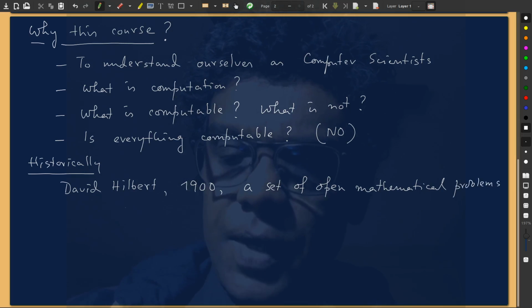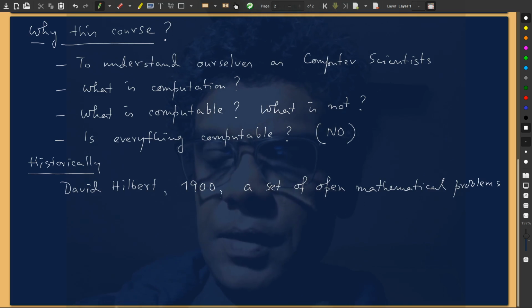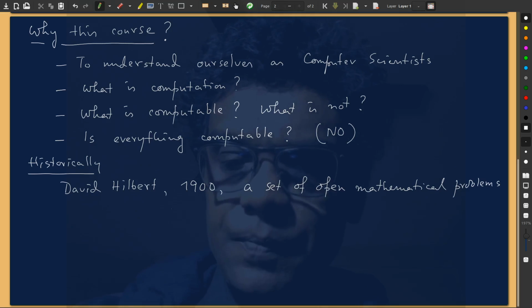These are very interesting and important mathematical problems, and Hilbert told in this convention that these are a set of problems that is the most important for mathematicians to solve in the new 20th century.